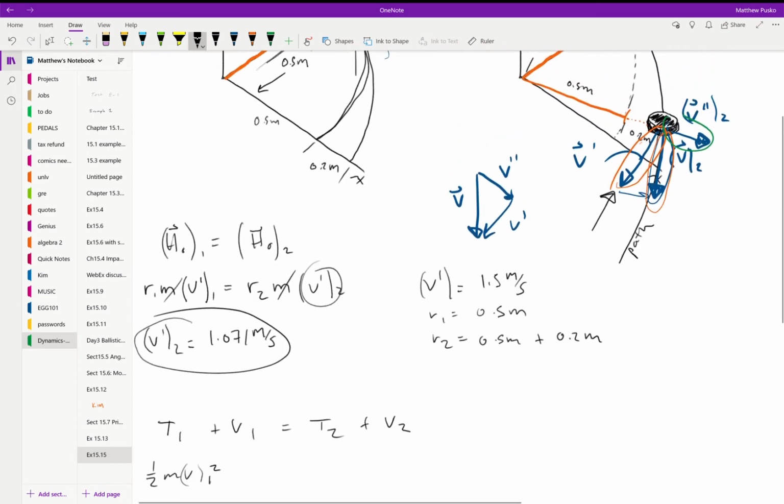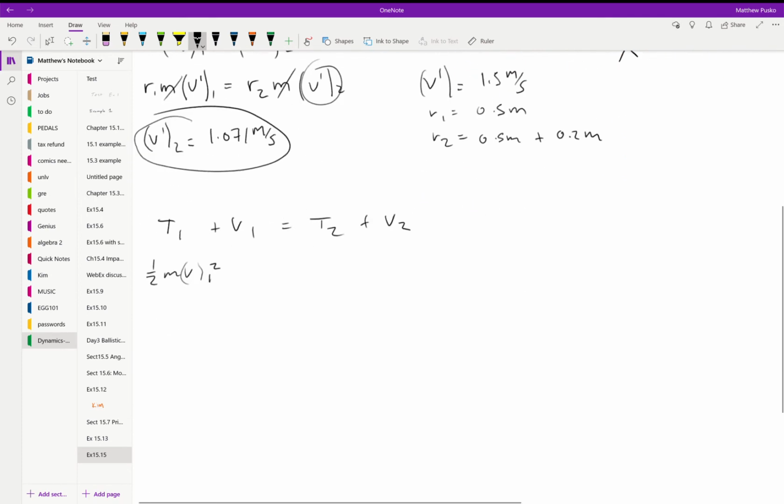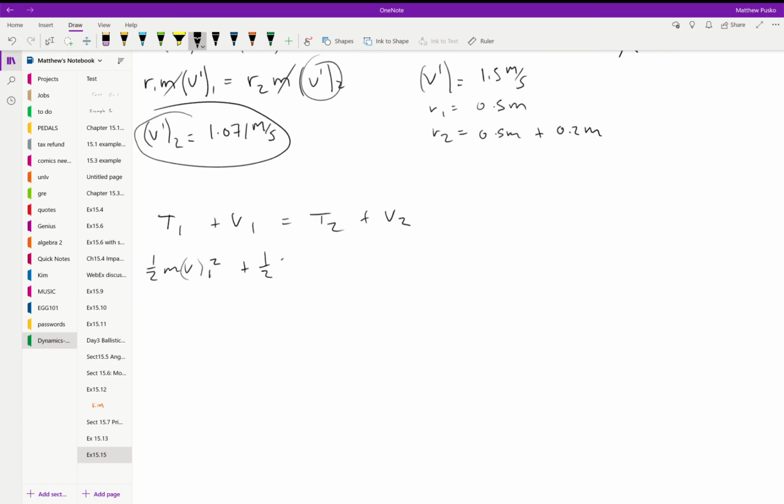It says the elastic cord is unstretched in its initial state. We could still write the spring term since we're dealing with a spring and cross it out just to keep track of it. It is going to have some final kinetic energy, 1/2 m v at 2 squared.